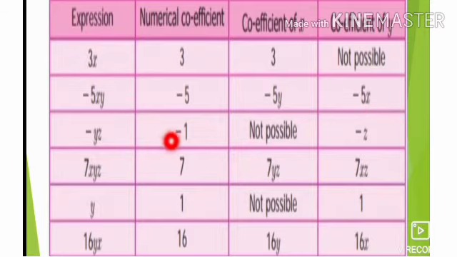And in the next expression, minus yz. So numerical coefficient. Here no numerical coefficient appears in the term. If no numerical coefficient appears in the term, then the coefficient is understood to be 1.